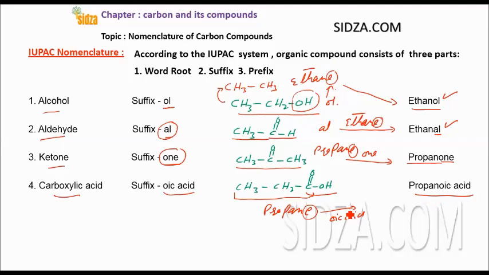Let's have one quick revision here. For alcohols we use -ol, for aldehydes -al, for ketones -one, and for carboxylic acids -oic acid.